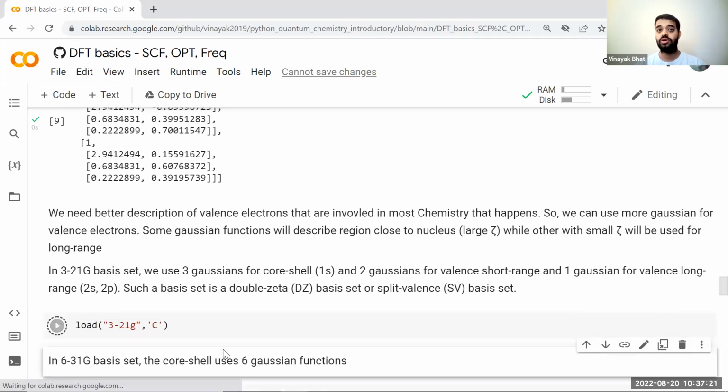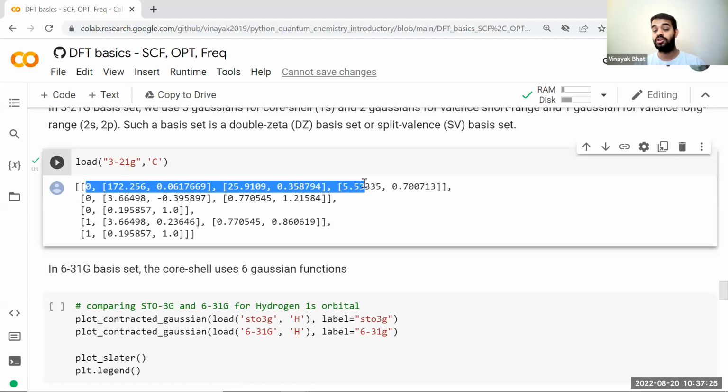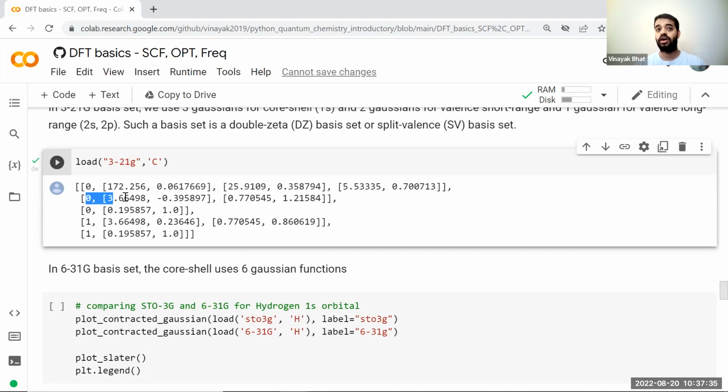So if you load this, the 0 is the inner shell, the 1s shell. You'll see that we just have 3 Gaussians for it. But the outer shell now, because we split it into 2, this is the 2s shell. So the 2s shell will have 2 Gaussians of one type and another Gaussian of another type. And the 2p orbitals again will have the same thing, because we use 2 and 1 Gaussians for the valence shells.